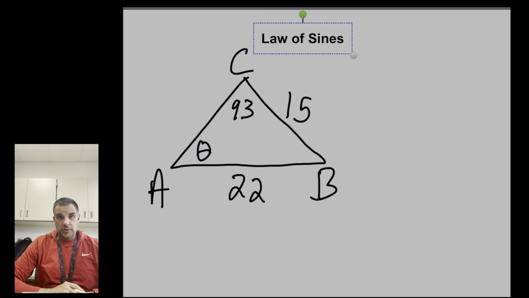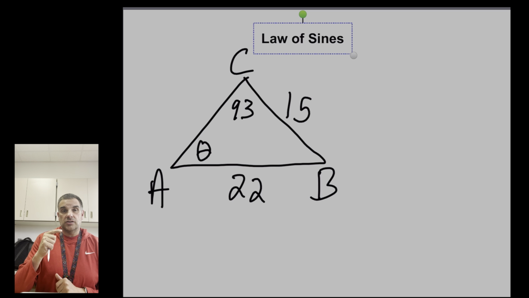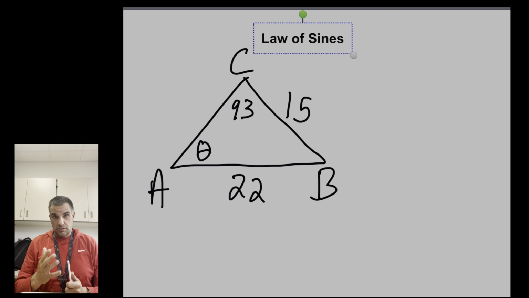In the previous part, we said anytime you're doing the Law of Sines, you need to know the measure of an angle and the length of its opposite side, and one other thing.